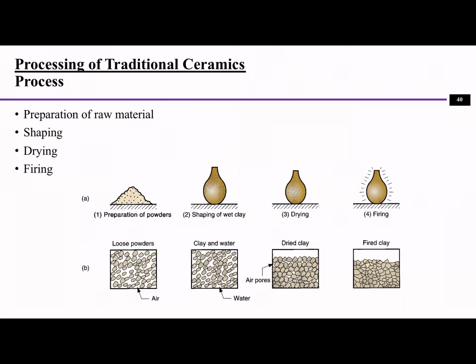After drying, you can see the gaps or pores in the part start to disappear, but there are still some left, and the bonding between the particles is very weak. Then it goes through a firing process. Firing means we get rid of the pores and formally start to create bonding between the ceramic particles.